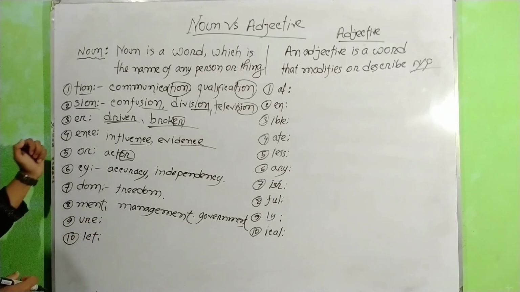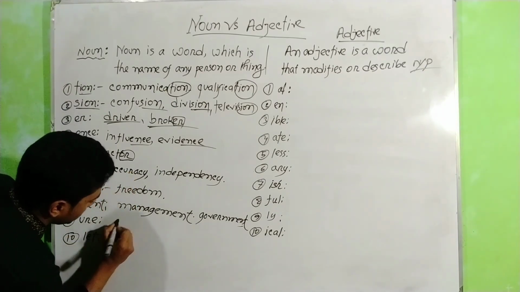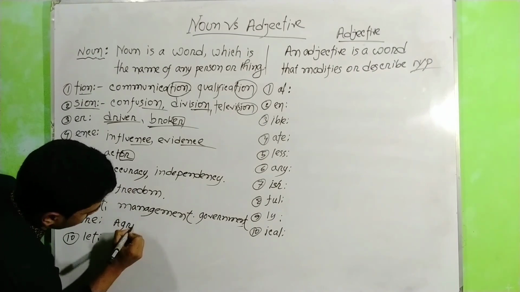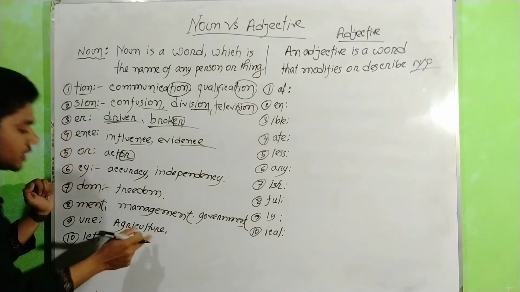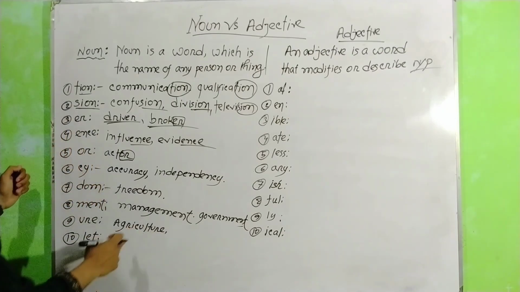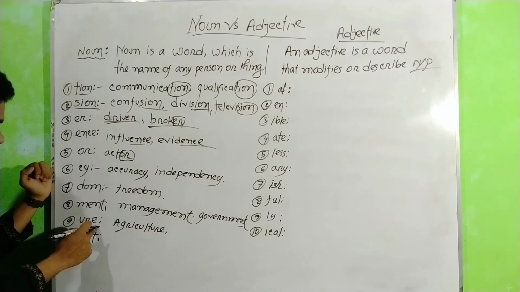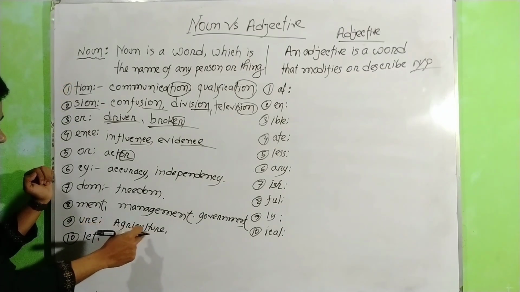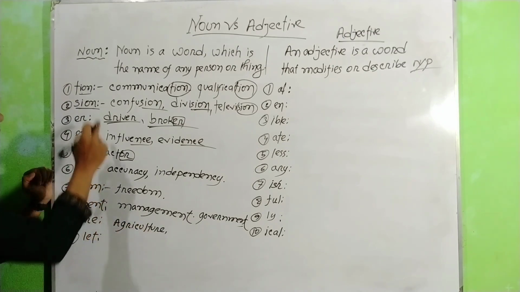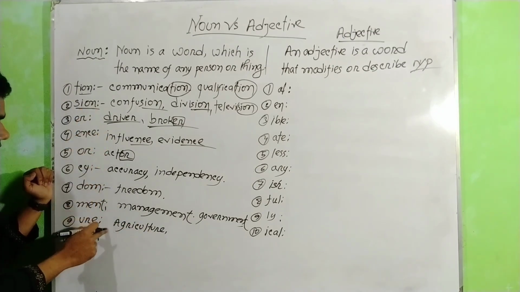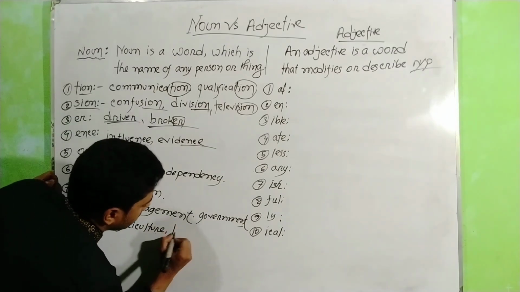What can be a good example for ure? It can be agriculture. What is agriculture? I think you know this. Agriculture is a word that represents a noun. So if any word ends with ure, that must be a noun. Or you can say literature.